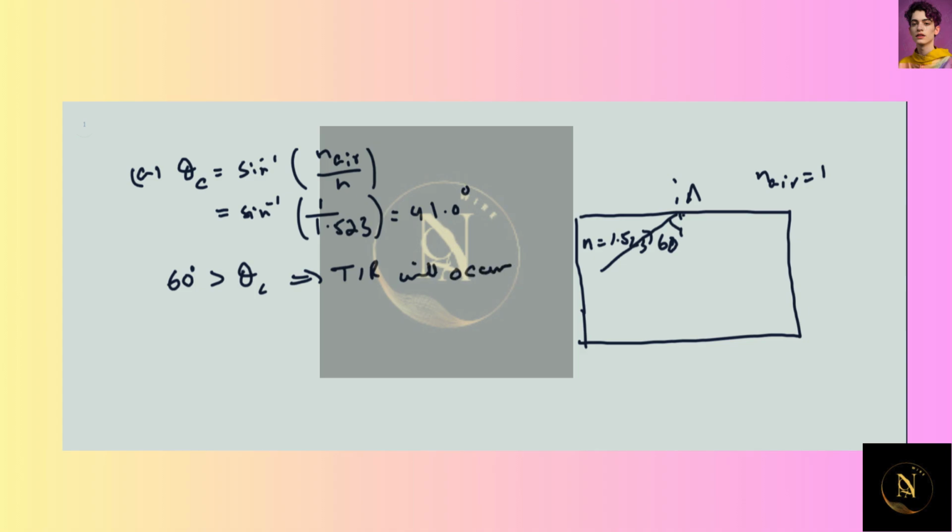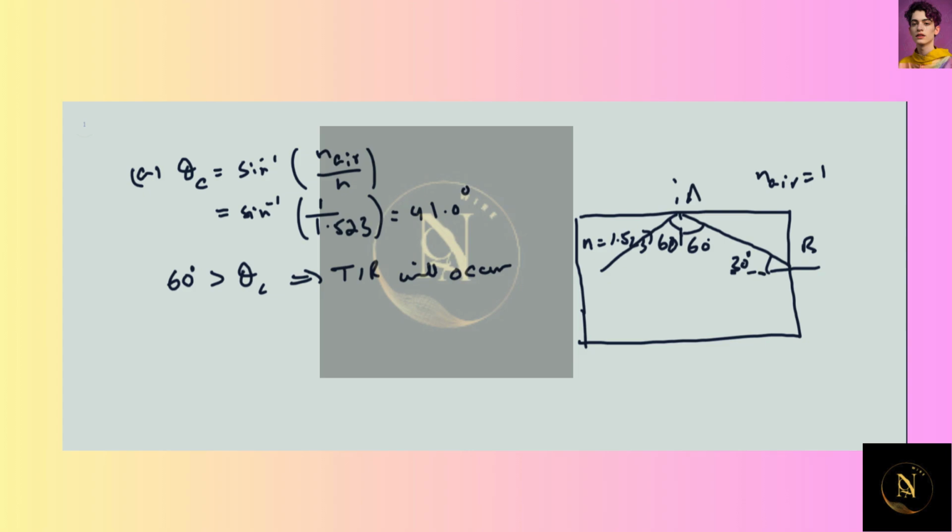So this ray of light will actually go and strike this surface at point B. Now, if this angle here, the angle of incidence is 60 degrees, then that means that the angle of incidence here would be 30 degrees.